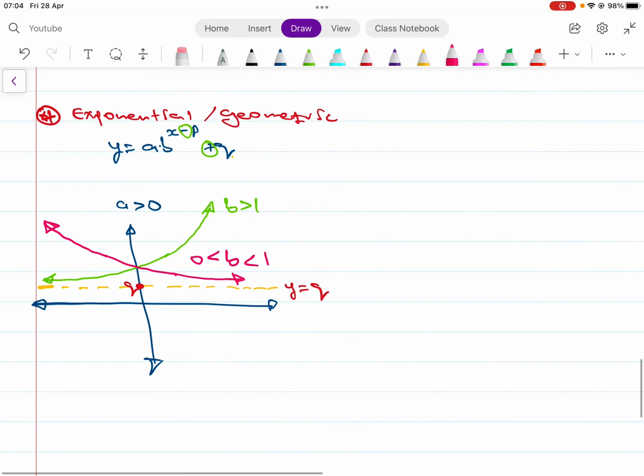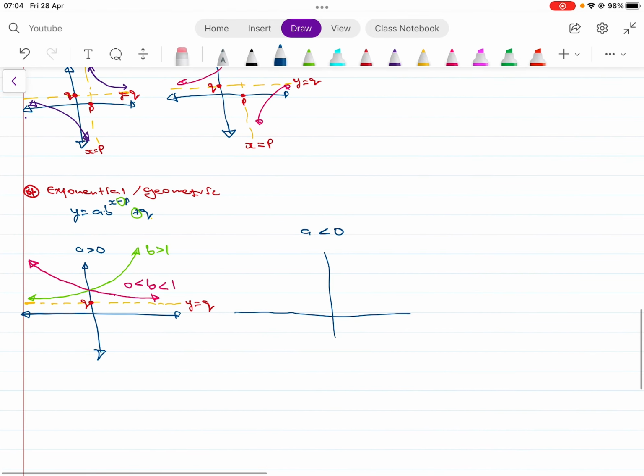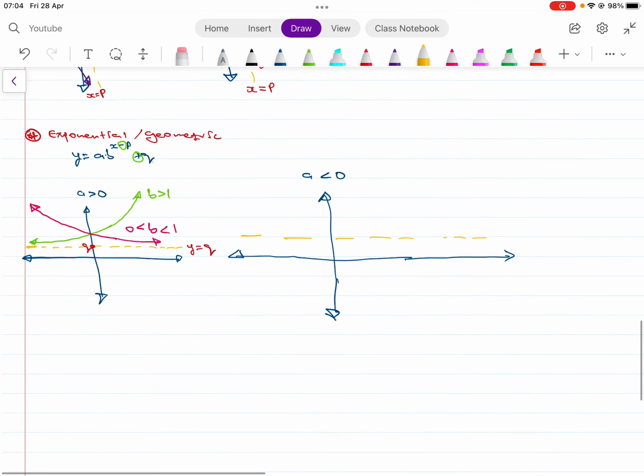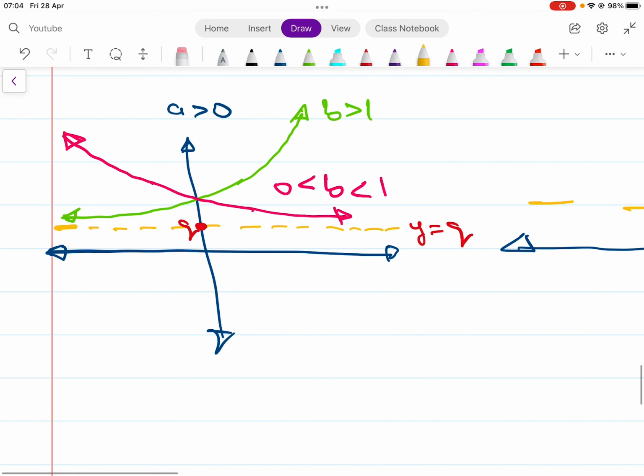So if a happens to be less than 0, you're going to have pretty much similar graphs, but they're just being reflected about the horizontal asymptote. Just going to show that quickly. Or maybe I can just use the same set of x's so that you see the reflection.